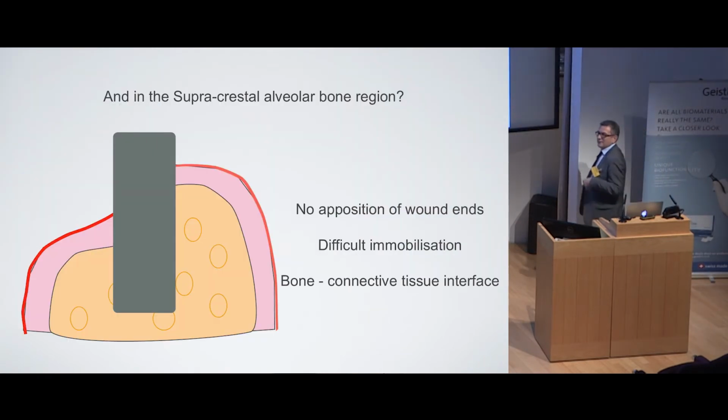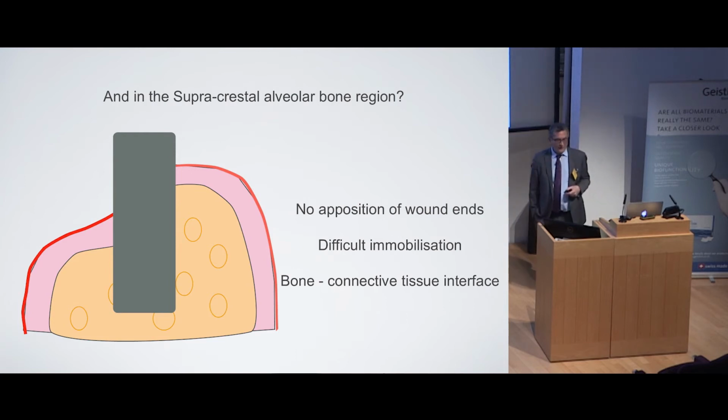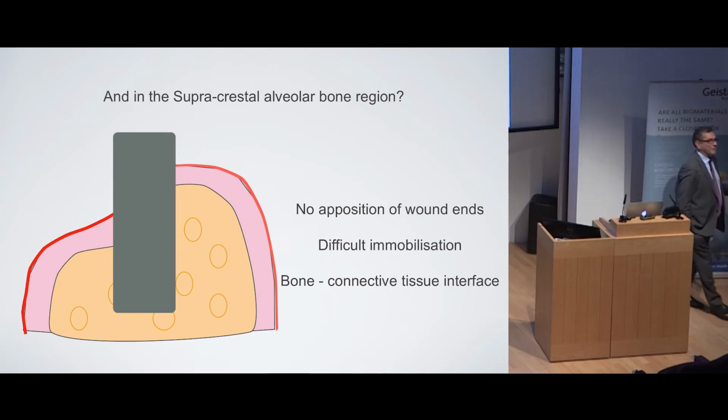The problem is that's not what we're dealing with. So we've seen lots of nice clinical pictures. I've done a few diagrams because I think it makes it reasonably clear. So if we've got a situation like that, where clearly we've seen some very nice clinical photos of this sort of thing, where this is an implant within an alveolar bone crest, then we've got none of the things that you normally need to make bone.